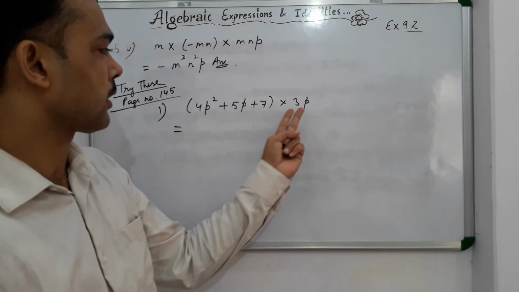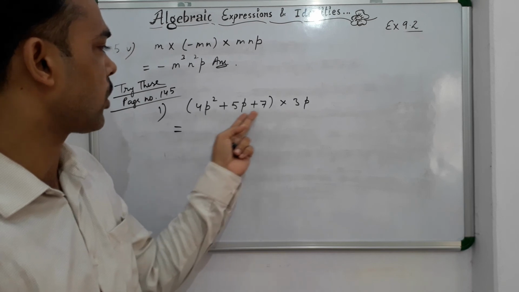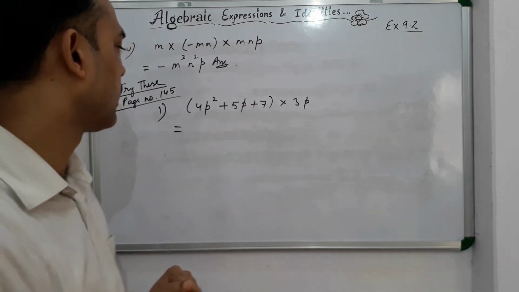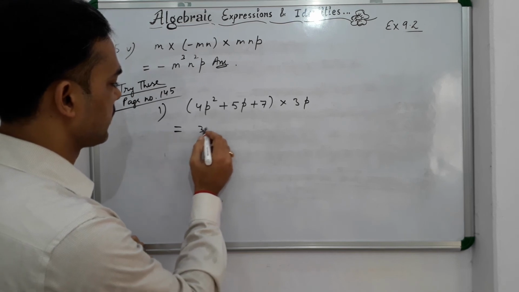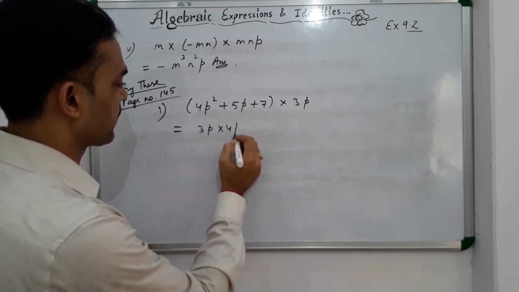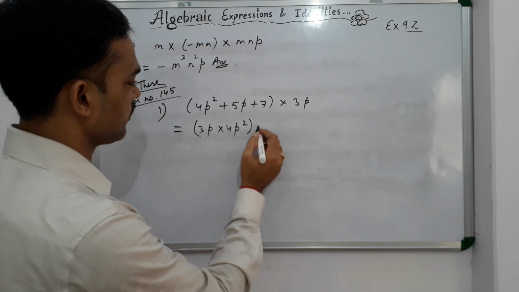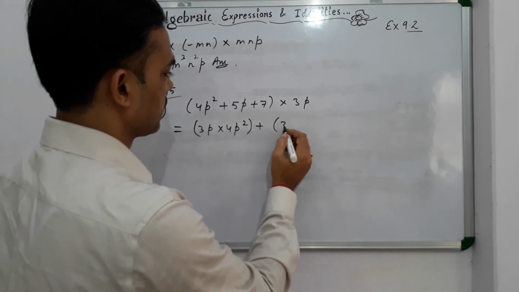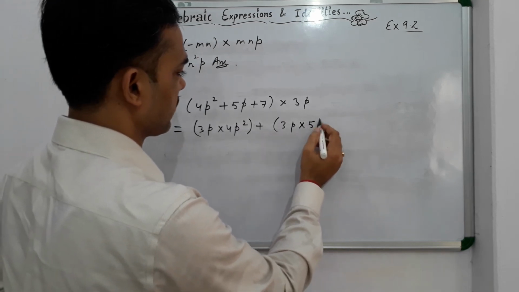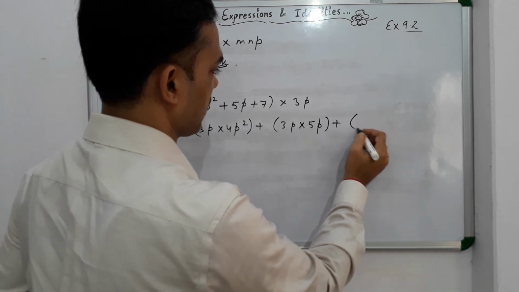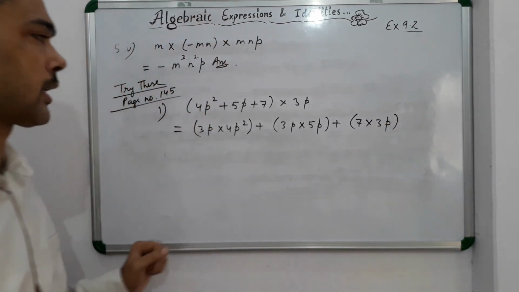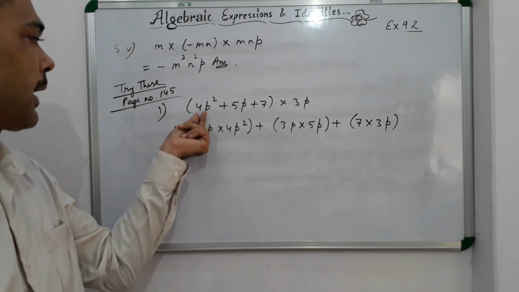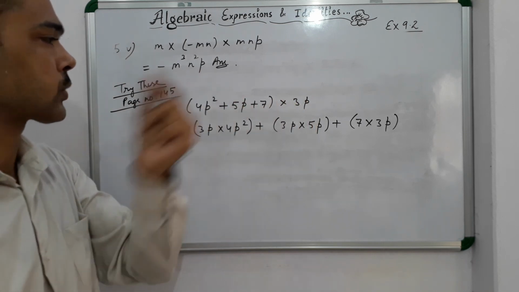This 3p will be multiplied with all three terms. It means that you will find this as 3p into 4p square plus 3p into 5p plus 7 into 3p. In this way, this 3p is multiplied with each of the terms.